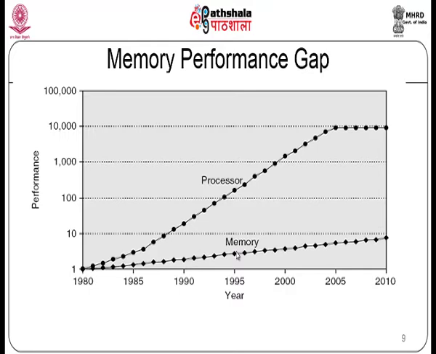So, we still find a lot of gap between the performance of the processor and the performance of memory, and this speed gap should not be visible when you are executing a program. That is, a processor should not be stalled for memory accesses because of the slowness of the memory devices. So, we will have to look at techniques which will try to optimize the memory accesses, or at least try to hide the latency associated with the memory access. So, we will discuss all this as we proceed.